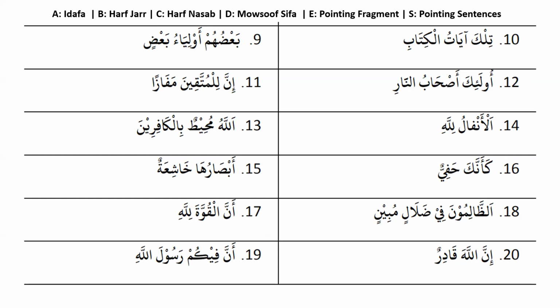Ulaika ashabun nar. Ashab means companion, so those are companions of the fire. Now, is it a pointing fragment or a pointing sentence?